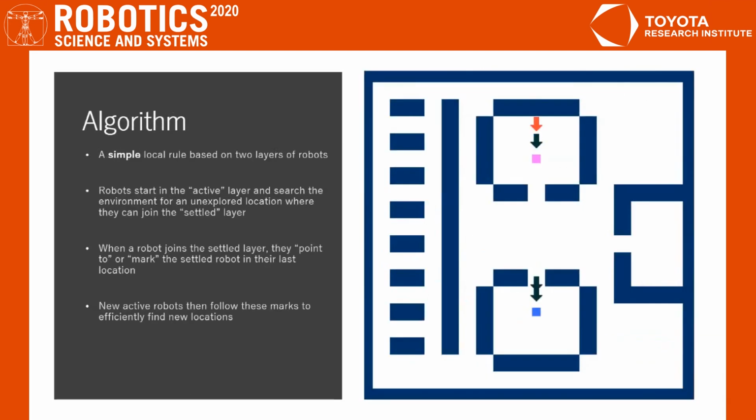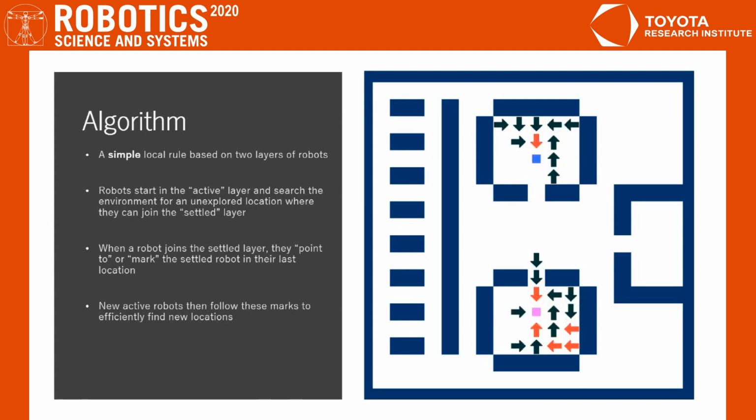So what we do in our paper is present an algorithm that completes the uniform dispersion mission and formally prove results about its sensitivity to error. In the spirit of swarms, the algorithm is simple and purely local, meaning the robot's behavior is affected only by local communication. The algorithm works by having two layers of robots.